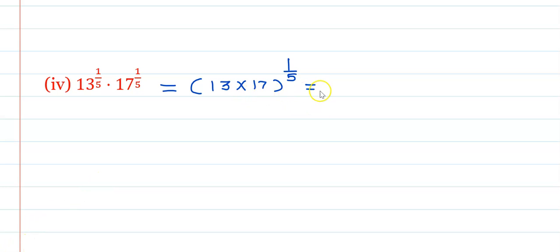We can multiply these numbers also. 17 into 3, then here you will get 51. 5 will carry. 17 into 1, 17. 17 plus 5, you will get here 22. And whole bracket raised to 1 upon 5.